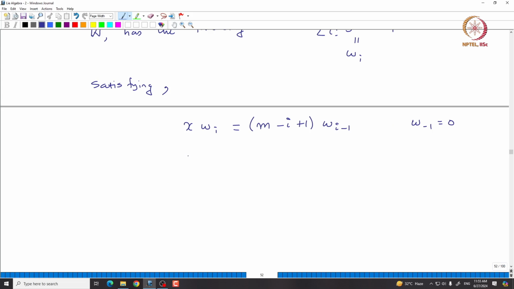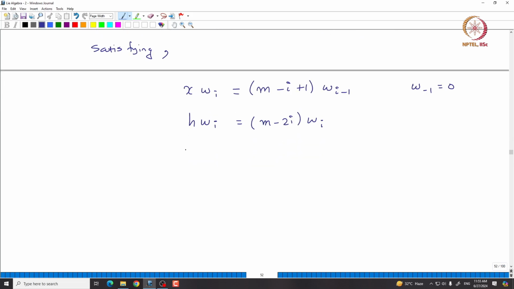Then h Wi is giving us m minus 2i times Wi, and if you apply y to Wi, that is going to give us i plus 1 times Wi plus 1. Here again W m plus 1 is assumed to be 0, where i ranges from 0 to m.